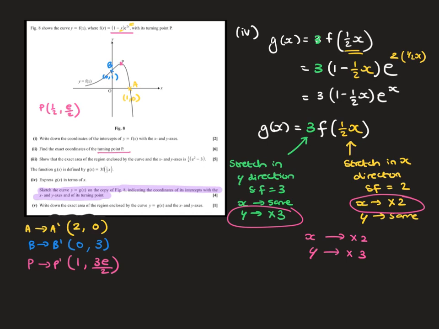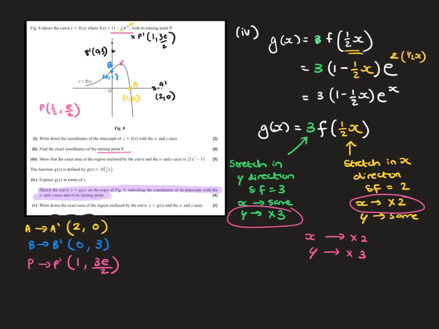So let's sketch this carefully. So A maps to A dash, which might be over here, to 2, 0. B maps to B dash, which let's say is over here, which is 0, 3. And P maps to P dash, which is 1, which puts it at the same x-coordinate as the original A and a y-coordinate which is higher, so P dash, which is 1, 3e over 2.